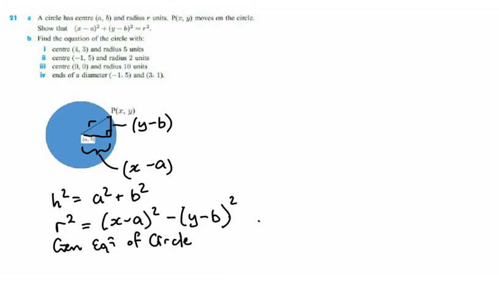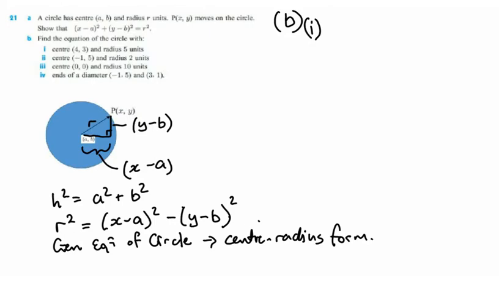It's general because it involves a's, b's and r's. It doesn't have specific numbers in there. And the form that this one is in is the centre-radius form. So the radius being r and the centre being (a, b). That makes these questions in part B particularly easy to do.